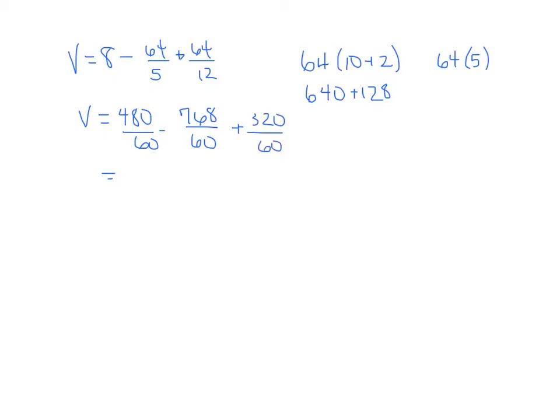And so we get a positive 800 over 60 minus 768 over 60, which is 32 over 60. I'll leave it like that.